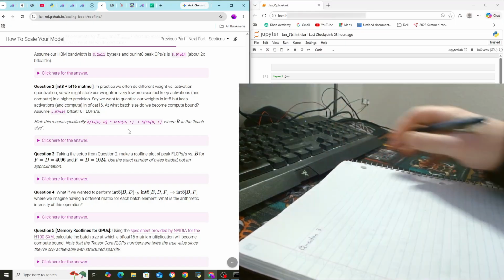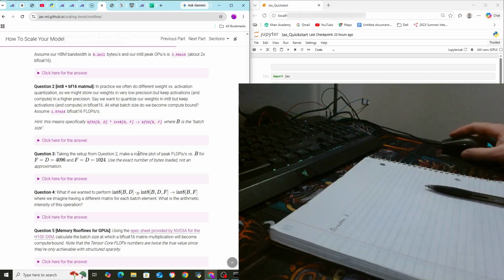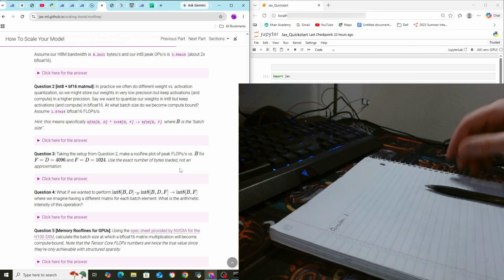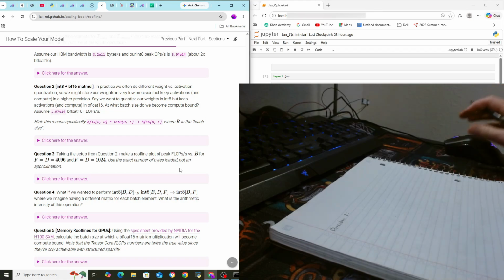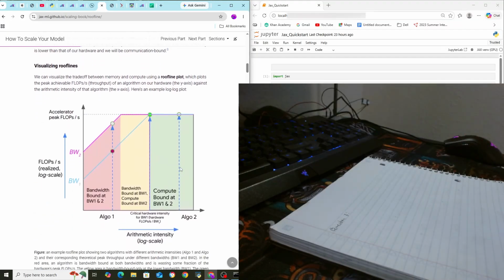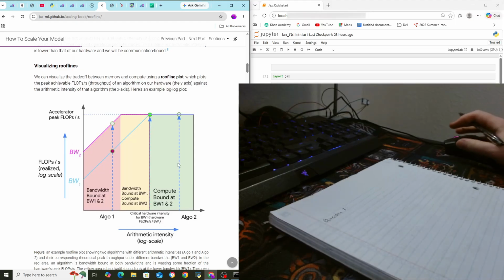Question 3. Taking the setup from question 2, make a roofline plot of peak flops per second versus B for F equals D equals 4096 and F equals D equals 1024. Exact number of bytes loaded, not an approximation. Cool. So let's think about this a little bit before I start drawing.